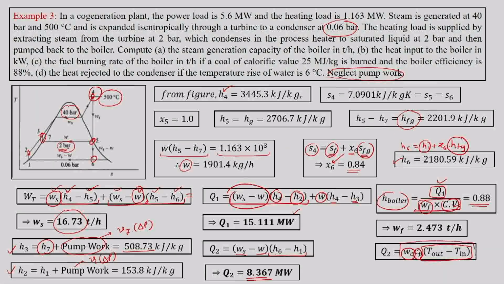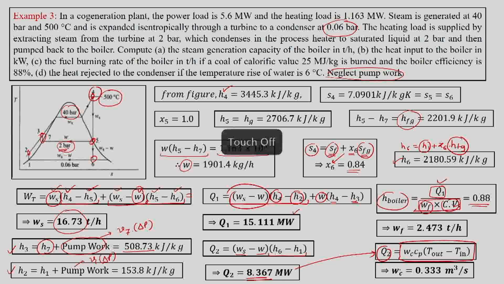So this right hand side is for the cooling water, which is used in the condenser to take the heat from the steam and to make it liquid saturated, and this is the amount of heat which we are finding out. Now using this we can find out the asked quantity, which is the coolant flow rate. So the amount of coolant flowing into the condenser to take the heat can be found out, since this delta T is given as 6 degrees Celsius.